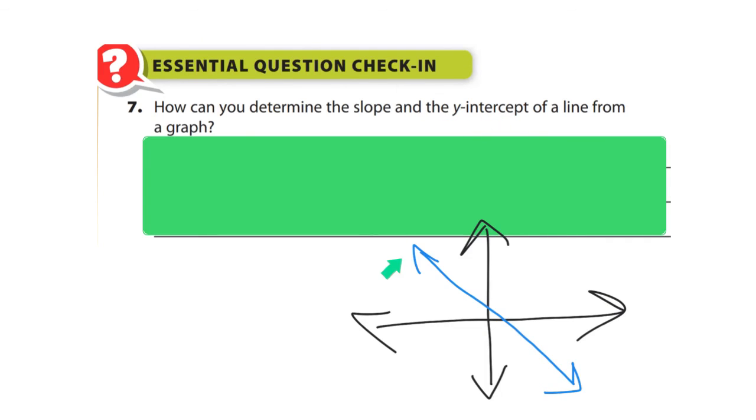For the y-intercept, all we did was follow along the line until we hit the y-axis, and that number was going to be our y-intercept. For the slope, keep in mind we used that point. We found another spot, and then we simply did our rise and our run and simplified if needed.